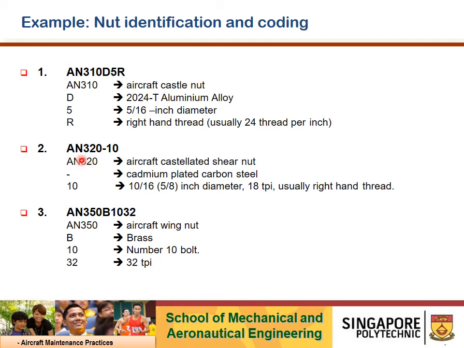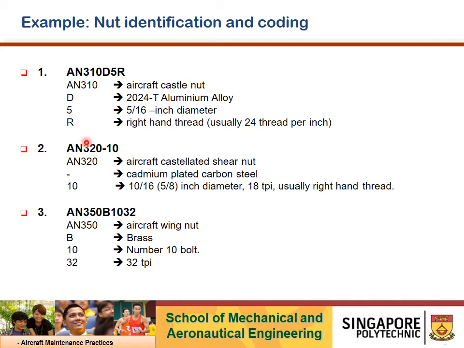Whereas AN320, we know that it's a castellated shear nut, and dash 10 represents the type of finish and material, cadmium plated carbon steel, where 10 is the diameter, 10 over 16. And sometimes without the R it is still referring to a right hand thread. Alright, so AN350 is an aircraft wing nut, and B is a brass type material, and 10 is a number 10 bolt, and 32 threads per inch.